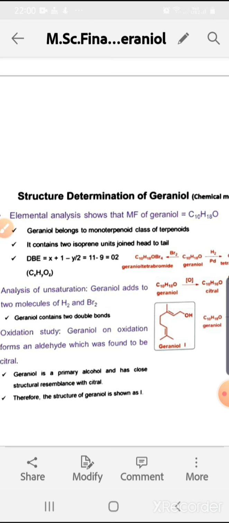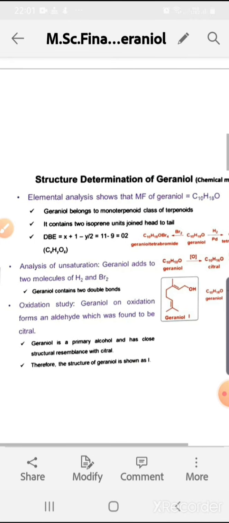That means 2 double bonds may be present, or 1 double bond, or 2 rings. Let us see the analysis of unsaturation.